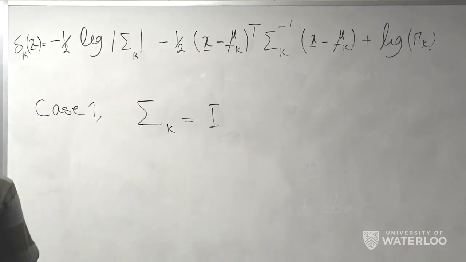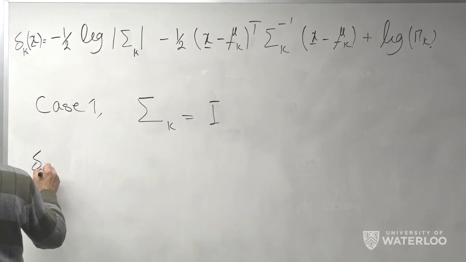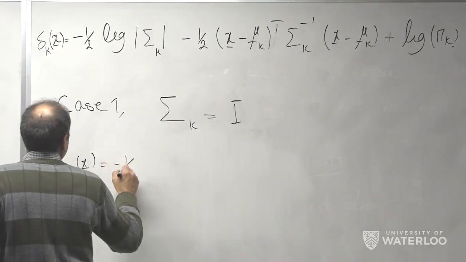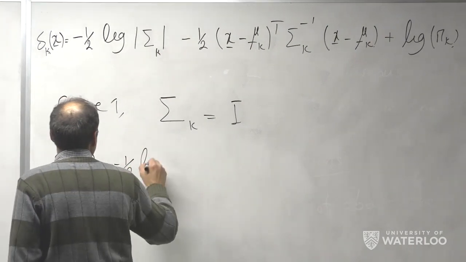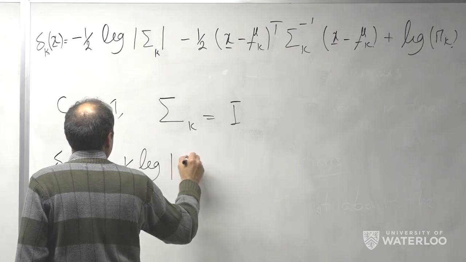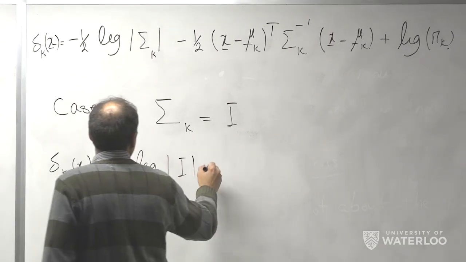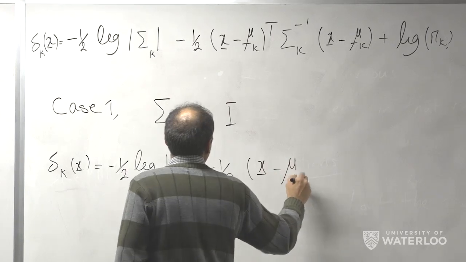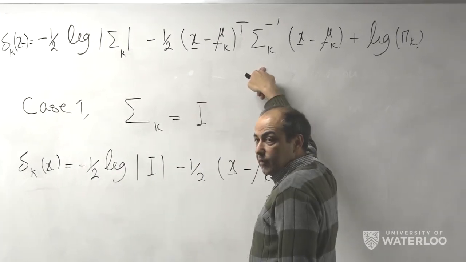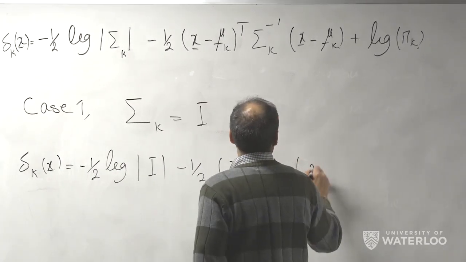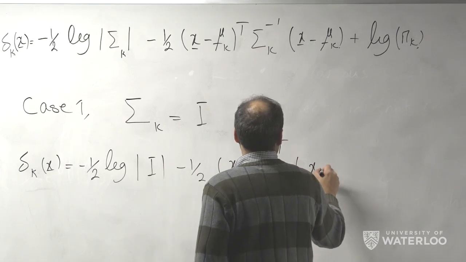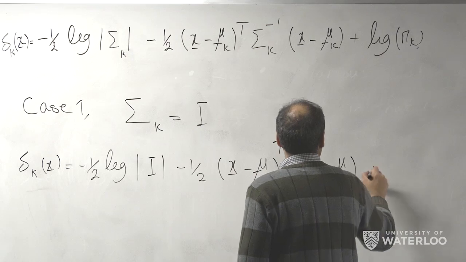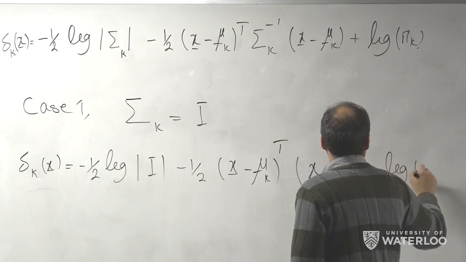In this case, delta k at point x would be minus 1/2 log of the determinant of I, minus 1/2 (x minus mu k) transpose sigma k inverse, which is identity, times (x minus mu k), plus log of pi k.